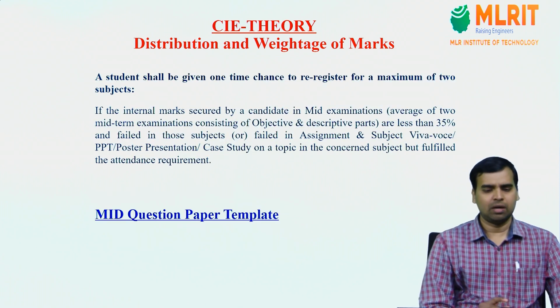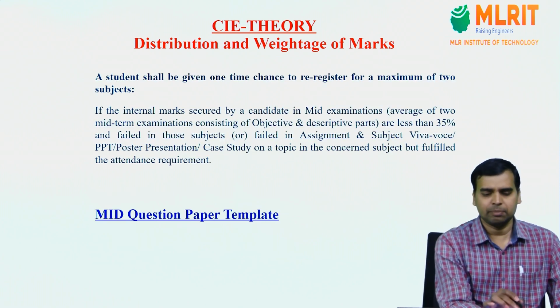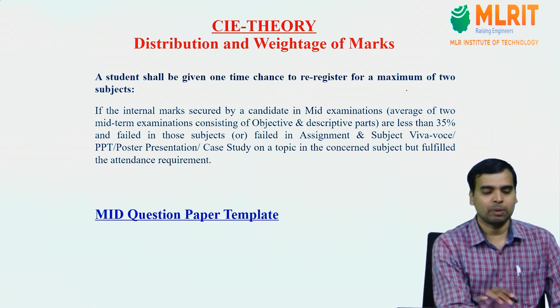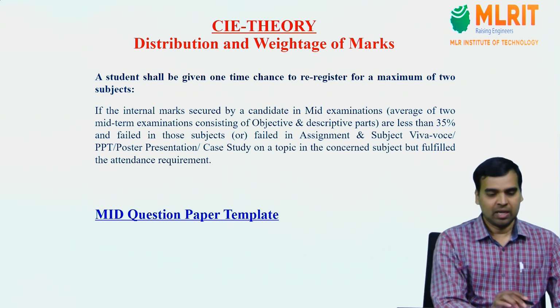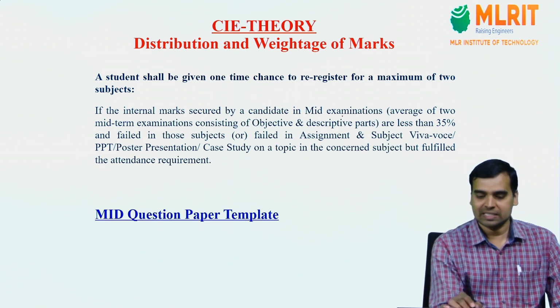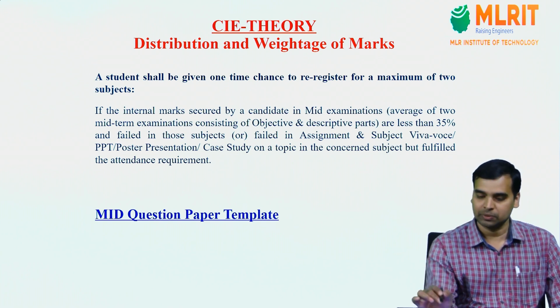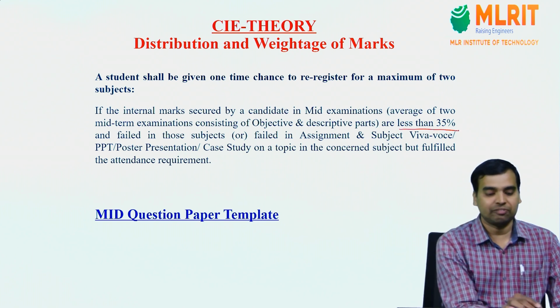Here you can see, a student shall be given a one-time chance to re-register for a maximum of 2 subjects, that is, if the internal marks secured by the candidate in the midterm exam, the average of 2 midterm exams consisting of objective and descriptive, is less than 35 marks.